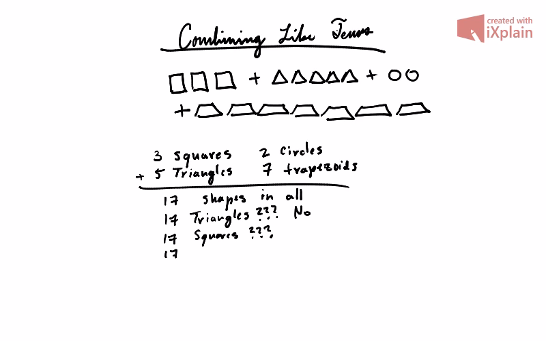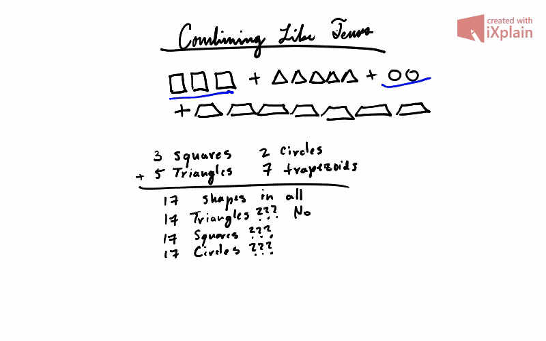How about 17 circles? Even if you ask a 3-year-old how many circles there are, they'll say 2. If you ask a 3-year-old how many squares they have, they'll say 3. And that's if they only know how to count.